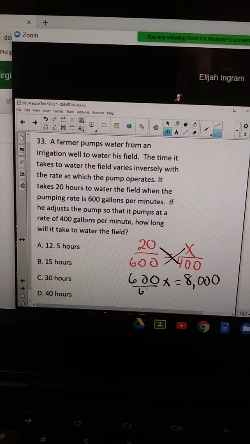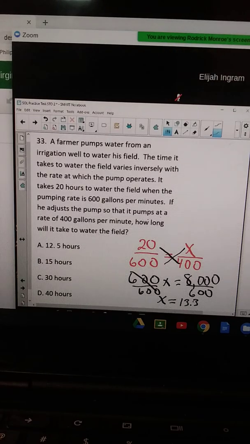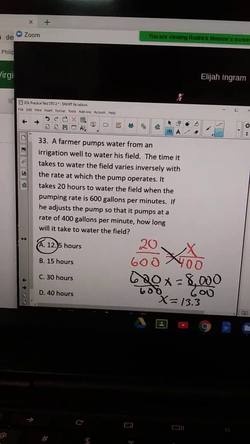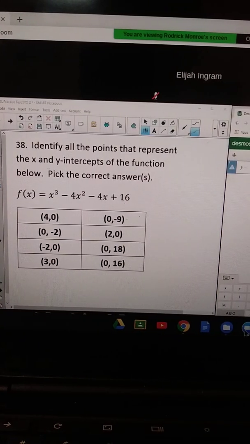Divide both sides by 600. We get 13.3. Okay, what is our answer? Two decimals.